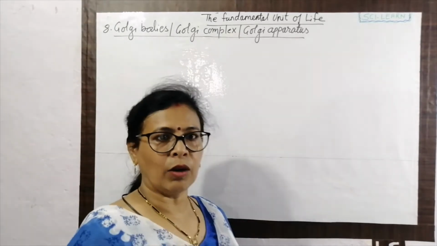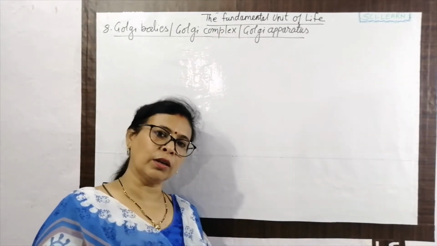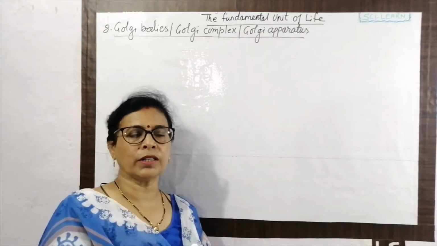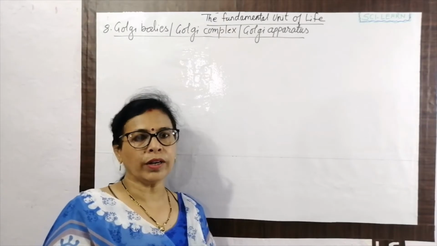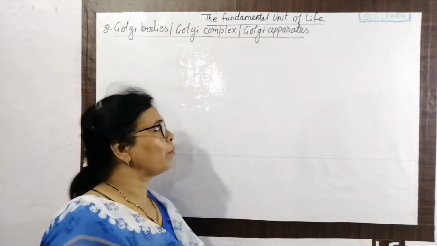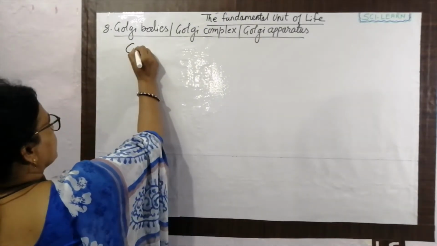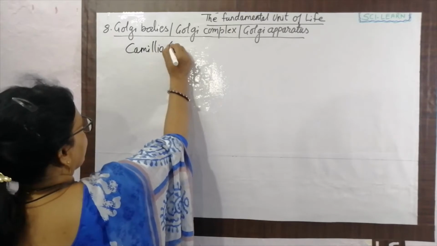Now this was the Golgi complex. It is placed outside the nucleus. What is the position of the Golgi complex or Golgi bodies or Golgi apparatus? It is placed outside the nucleus. Who invented it? First, it was discovered by Camillo Golgi.